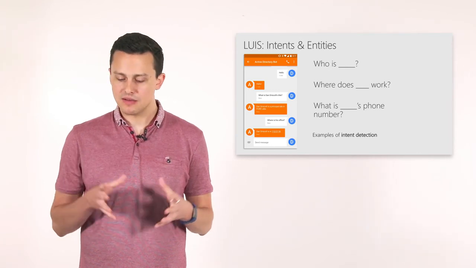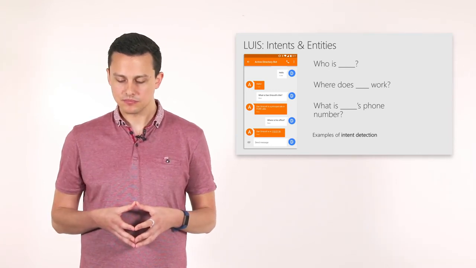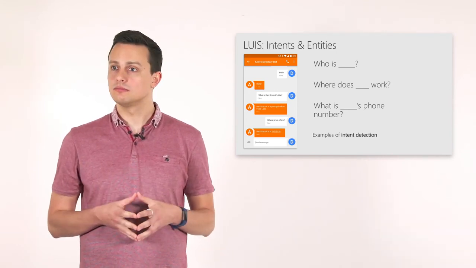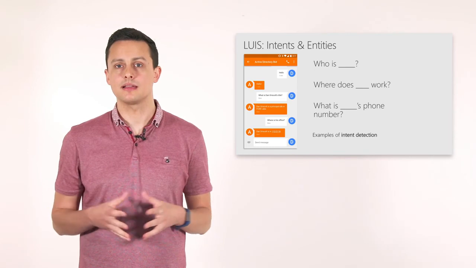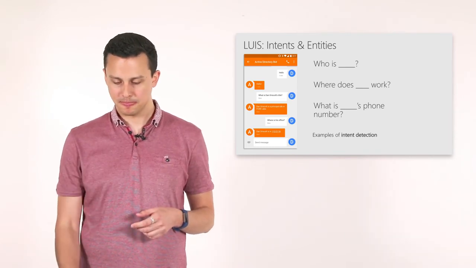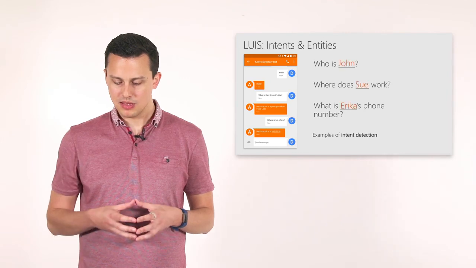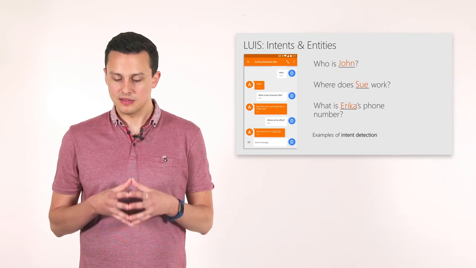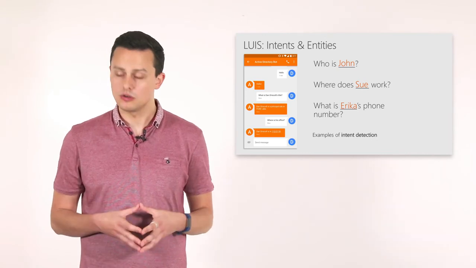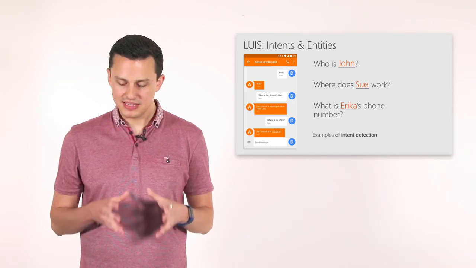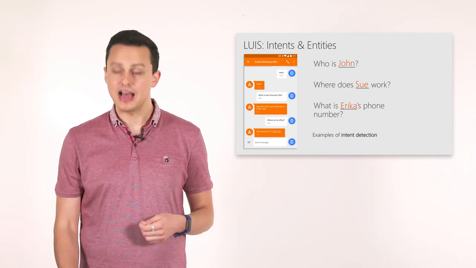And you'll notice that I've got some blank spaces in here. So rather than having the intent as who is John, I've got who is blank. This is the intent of the user. If I fill in these blanks with the specific people that the example is referring to, who is John, where does Sue work, what is Erica's phone number? These specific examples are the entities.